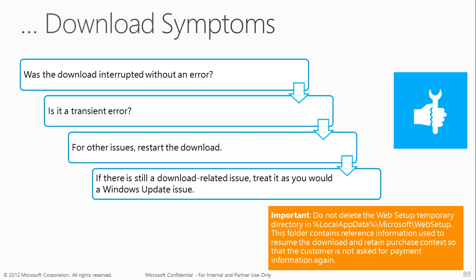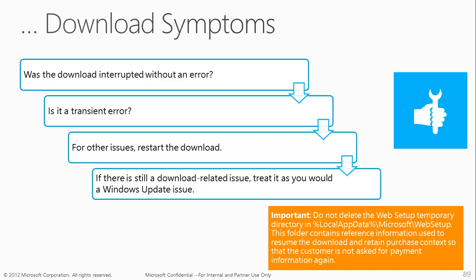So also clear the BITS queue to start a fresh download. This can be done with the command bitsadmin /reset /allusers, and that will clear out your BITS queue and cause the download job to restart.